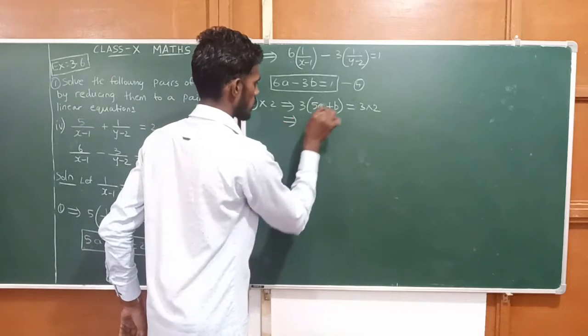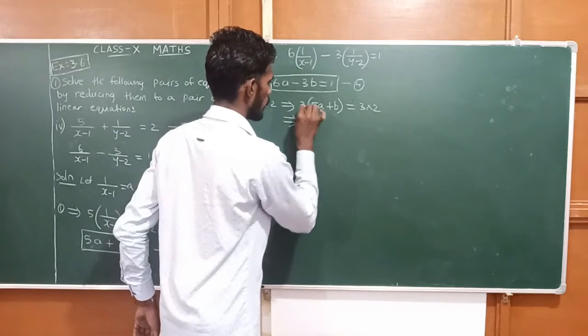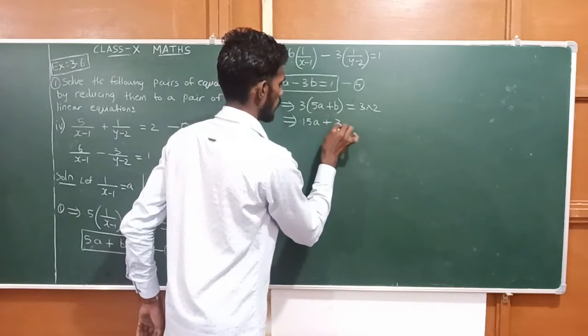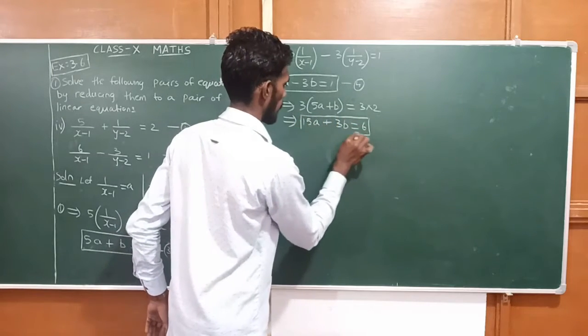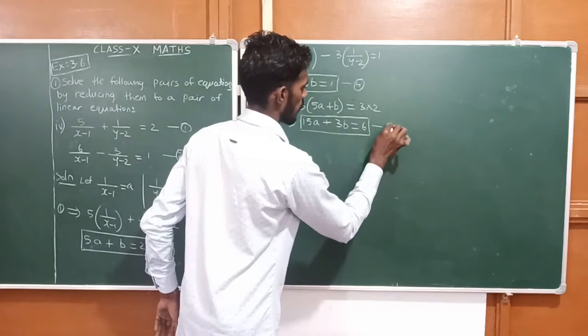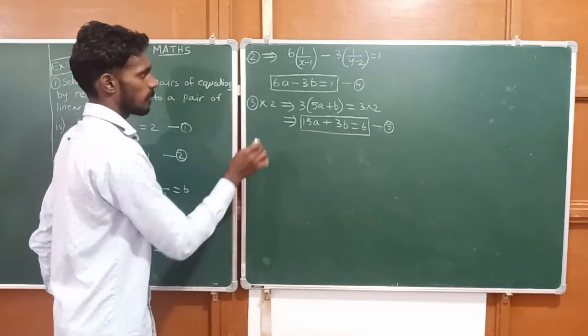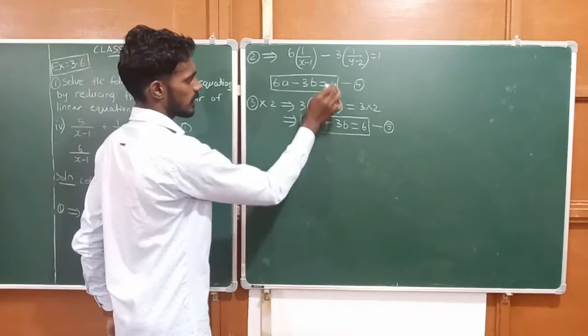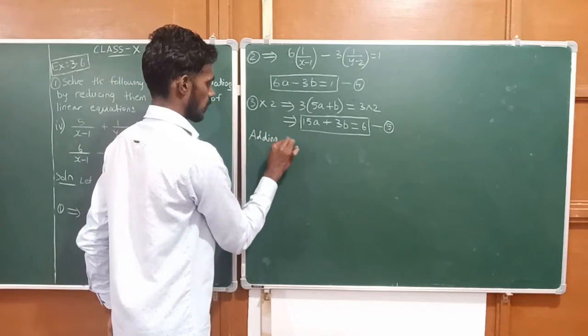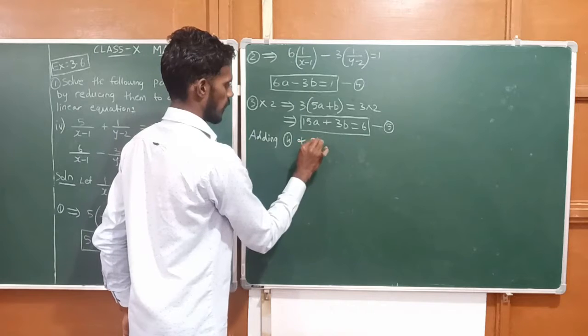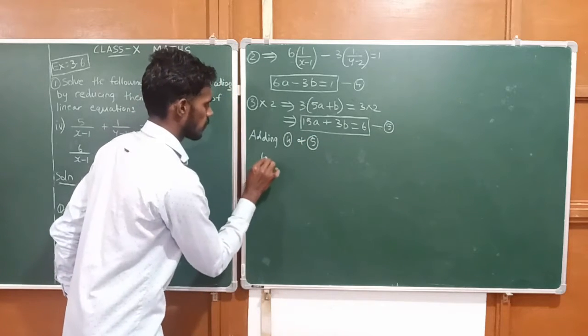So simplify this, 15A plus 3B is equal to 6. Mark this equation as number 5. Now I am going to add the equations 4 and 5.